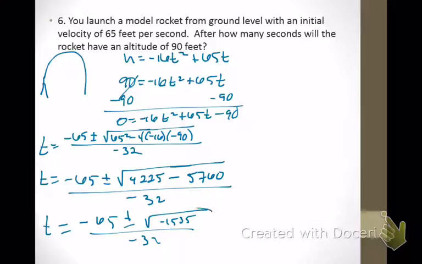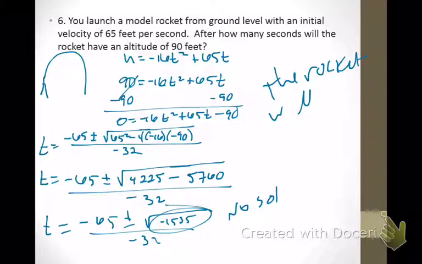Problem is, well, lost my work above that, but it's okay. We can't have a negative inside the radical, so this is actually no solution, which means the rocket will never reach 90 feet.